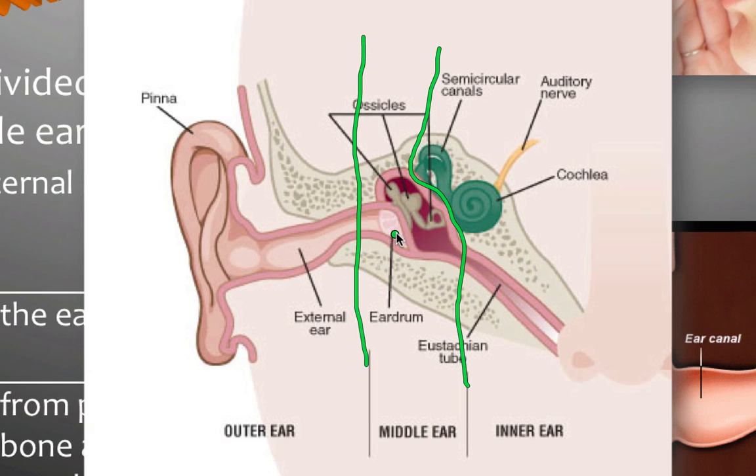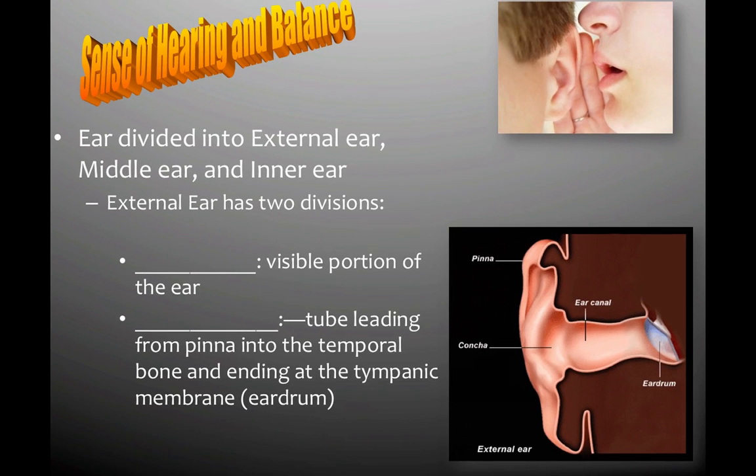So we have our eardrum, the three bones that make up the middle ear, in the middle ear portion, and then our inner ear contains the actual structures that sense sound and sense balance, and they're found in this what almost looks like a green snail. Of course it's not green, but the shape of it does resemble a snail. So those are the three parts to the ear.